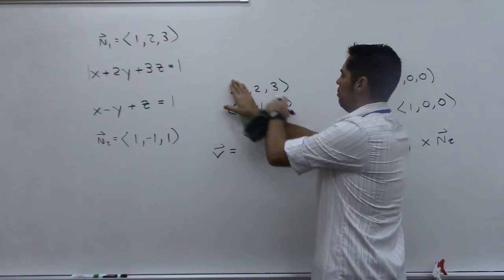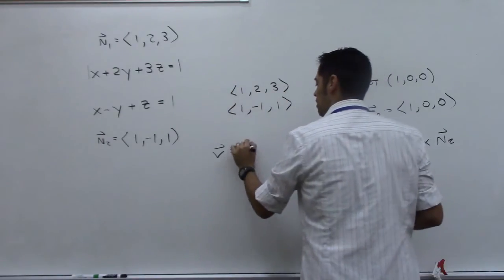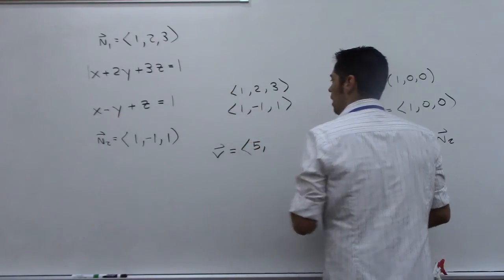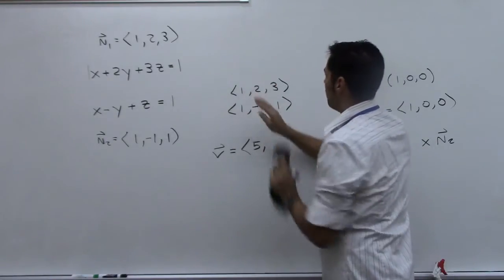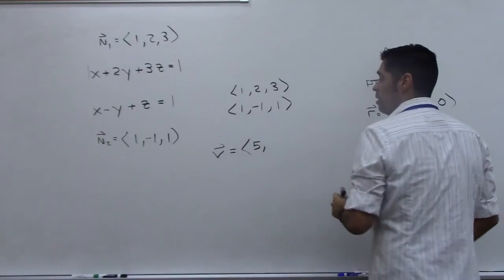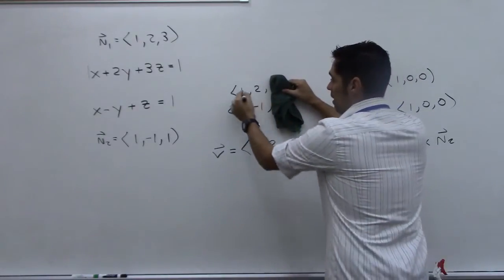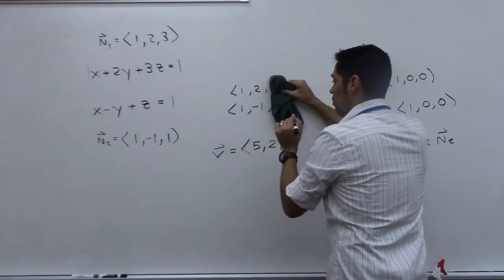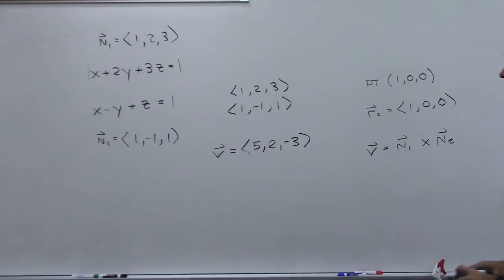And I do 2, and then take away negative 3, which is the same as adding 3, so 2 plus 3 is 5. And then I cover up the middle. I've got 1, take away 3 is negative 2, but then subtract it, so 2. And then cover up the last part. We've got negative 1, take away 2 is negative 3. So that should be the direction vector that we use for our line.